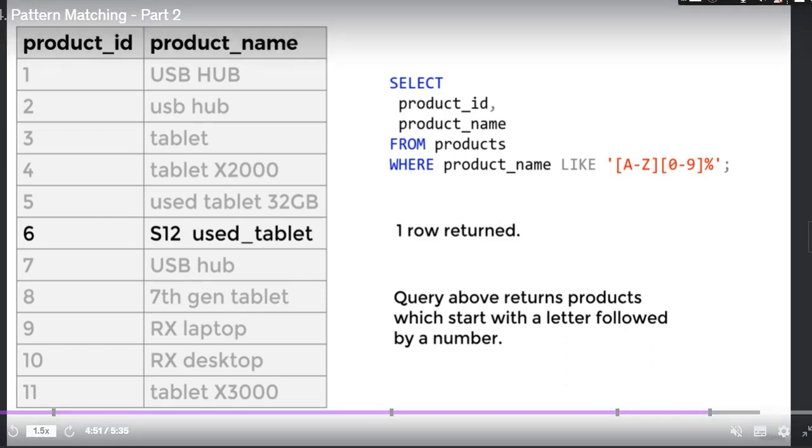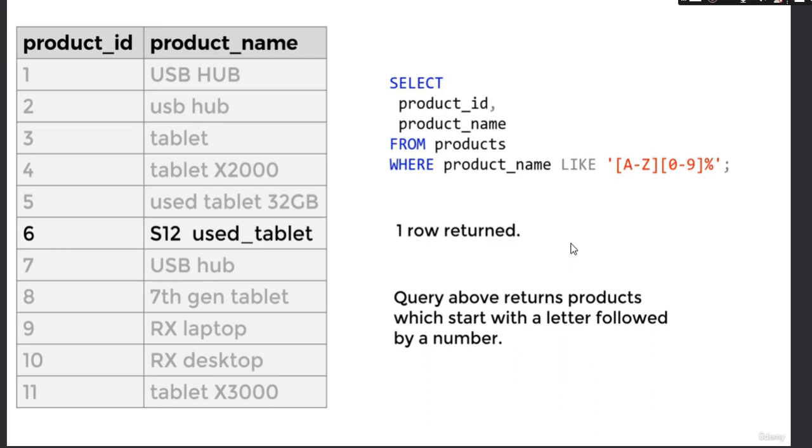In this query we have where product name like, and then within the single quotes we specify A to Z in square brackets, followed by 0 to 9 in square brackets. And then we have the wildcard percentage sign.